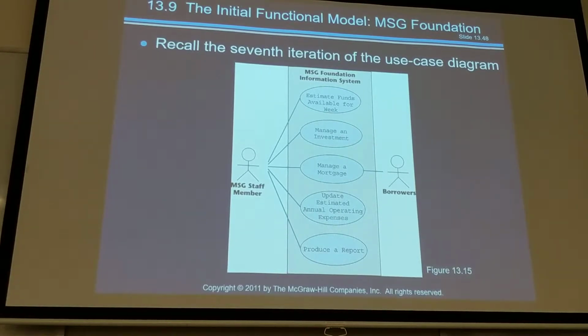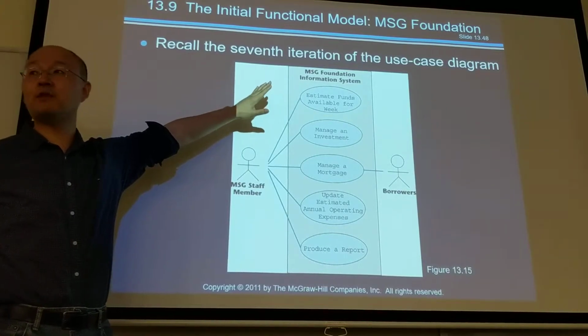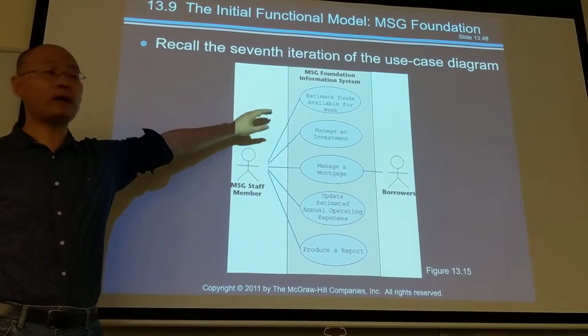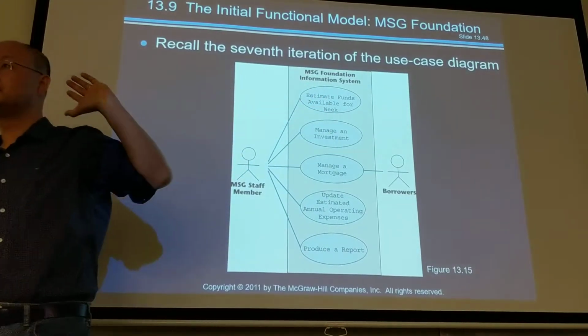When you look at this, the first thing you need to ask yourself is, what is the system? It's right here, this foundation information system. That's the system we're looking at. Basically, this box is that system.